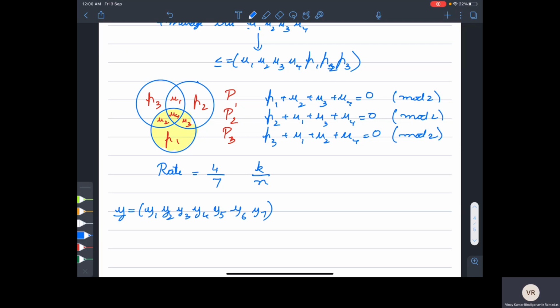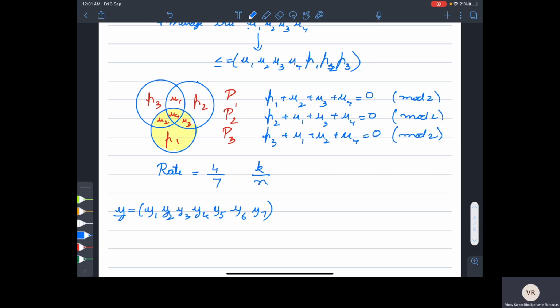Now, suppose a single error has occurred in the channel, then this can be corrected easily. Why is that so? Suppose the error occurred in one of the bits P1, P2 or P3, then only one of the parity check equations corresponding to that parity is affected.